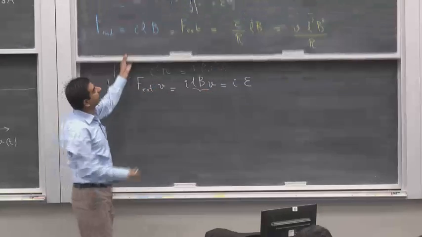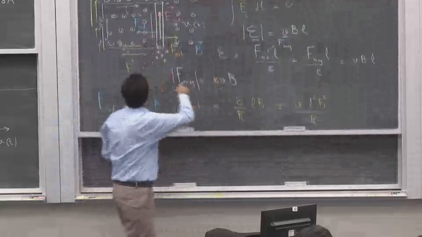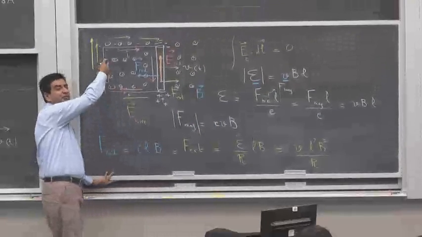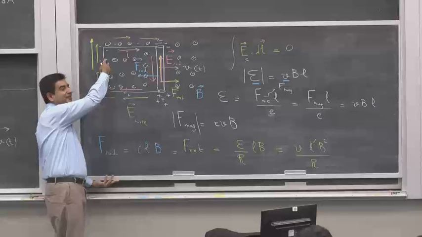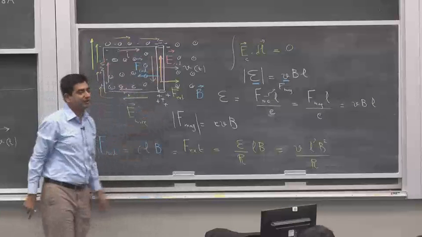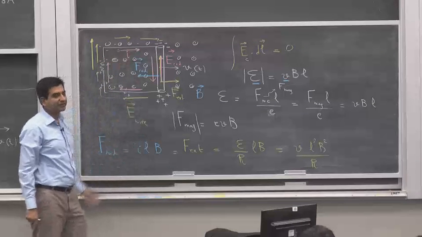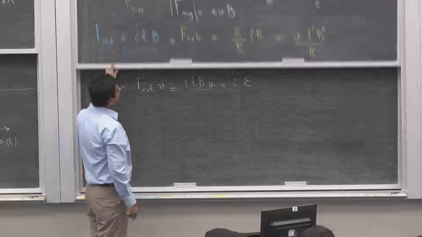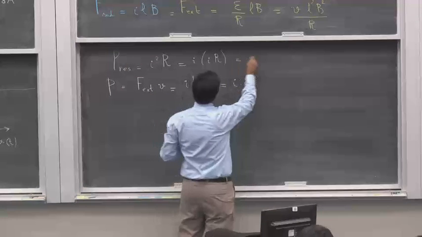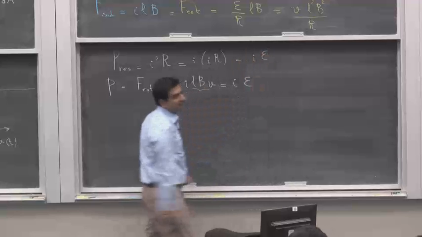But if you would like this condition to be satisfied, IR is the total voltage drop across this path. That must equal the EMF of the battery, because everything else doesn't have a resistance. So this IR is in fact the EMF of the battery.